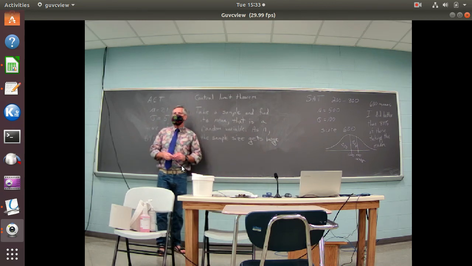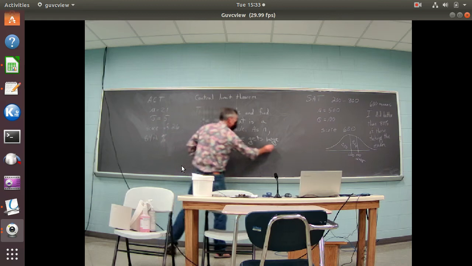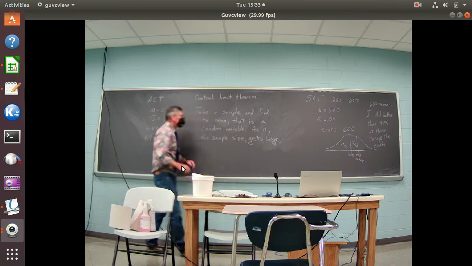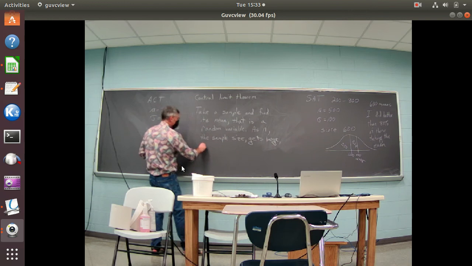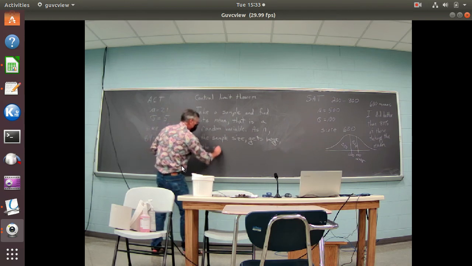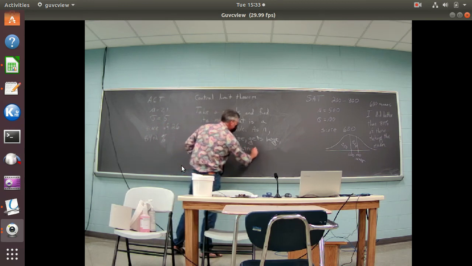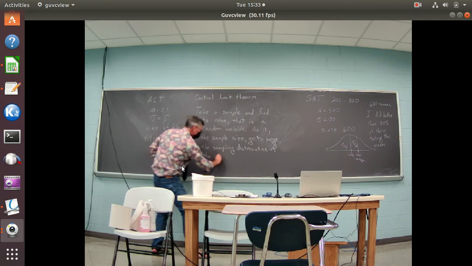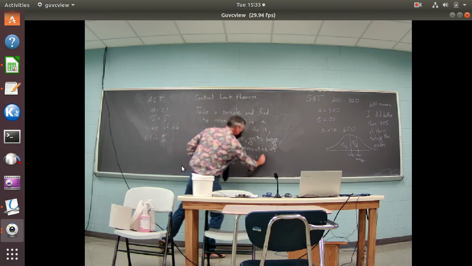But just as it grows, as you get a bigger and bigger sample, as n, the sample size, gets large, the sampling distribution of the mean gets close to normal.